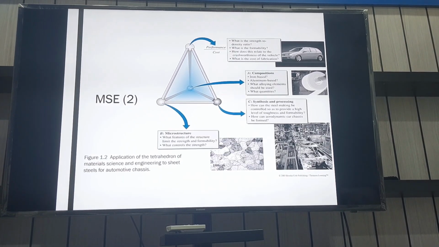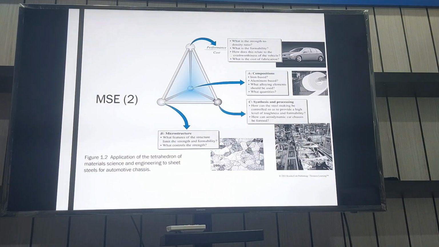So back to what I asked before, what strength to density ratio do you want if you have an opportunity to buy a car or produce a car?